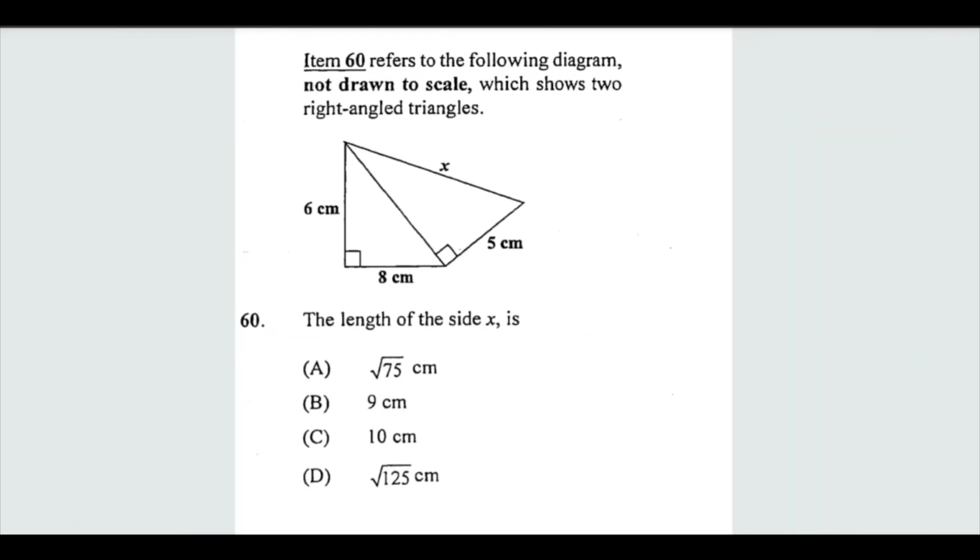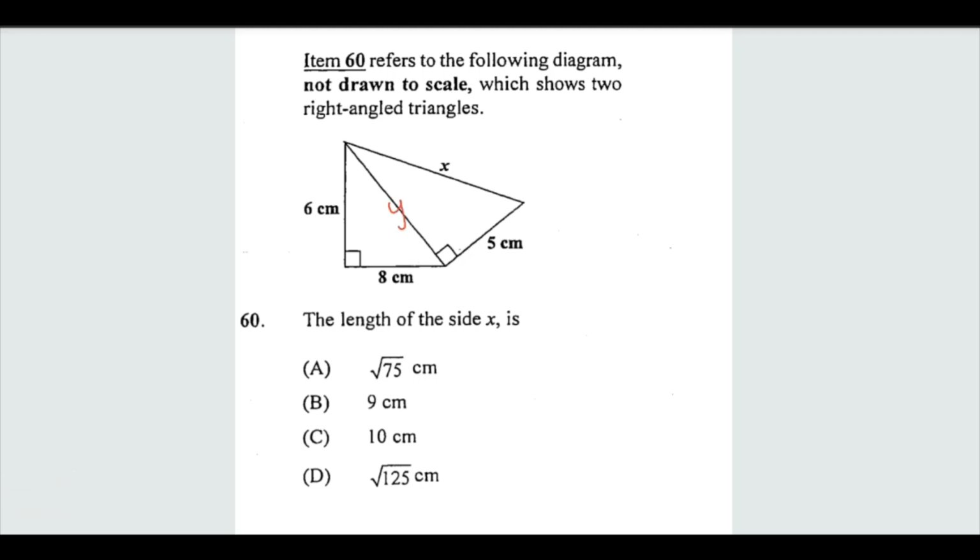Alright, so item 6 refers to the following diagram, not drawn to scale, which shows two right angle triangles. The length of the side x is... Alright, so we want to find this side x. We can use Pythagoras theorem, but before we can use it, we have to find this side here.